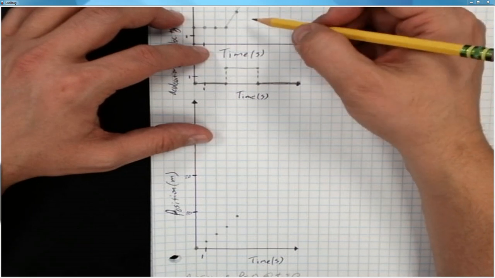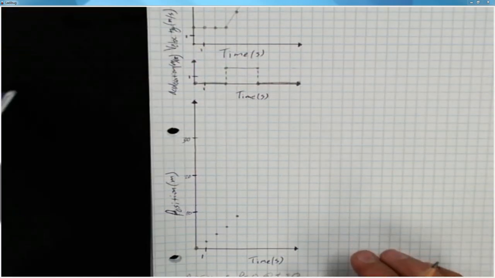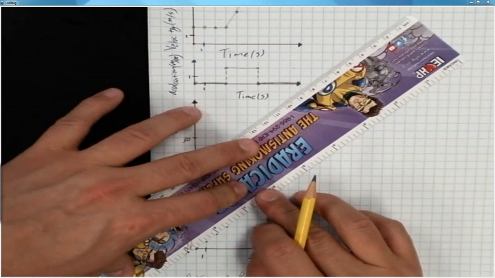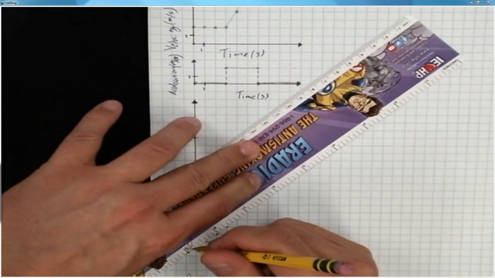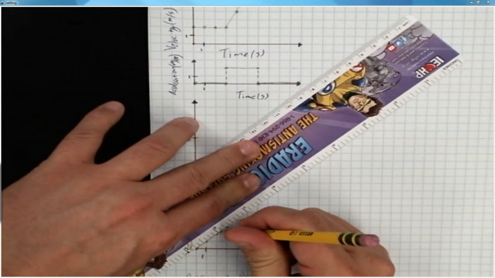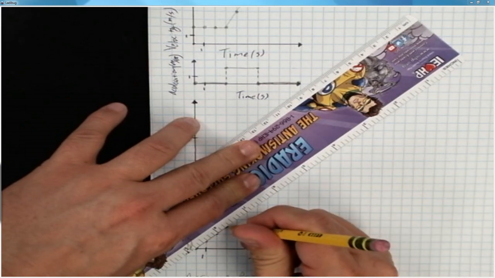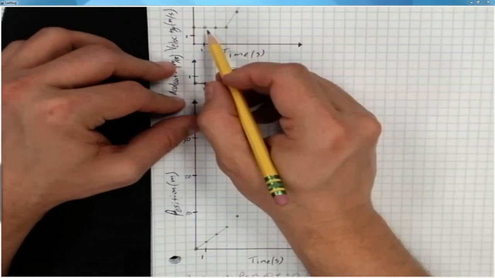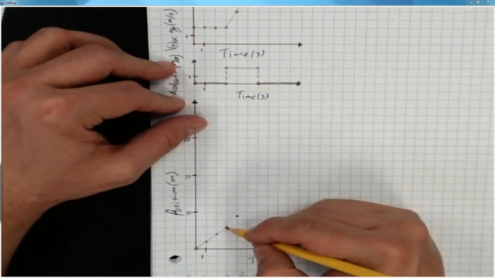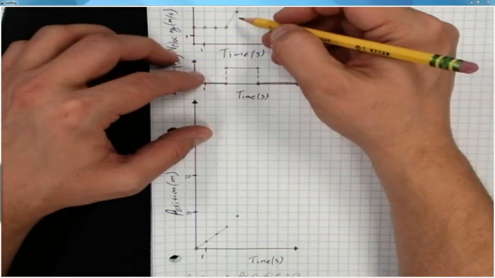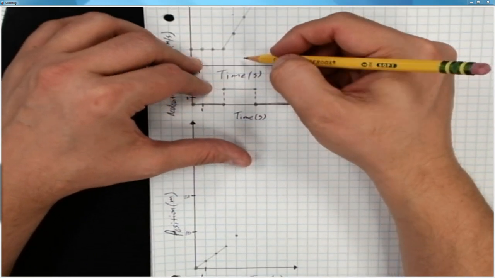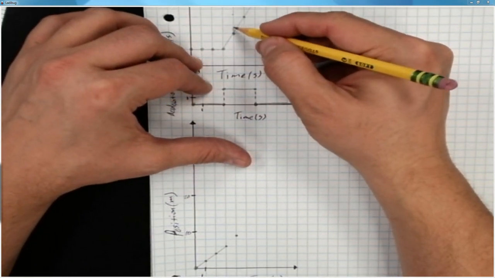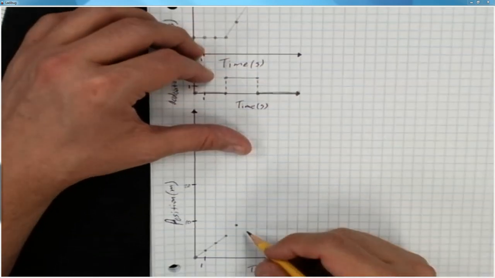In the next second, by the way, before I get all too caught up, these 3 points are a straight line. All right, because it's a constant velocity, so it's a straight line for position. This next one up here, I'm going 1, 2, 3, 4, and half of 2, which is 5.